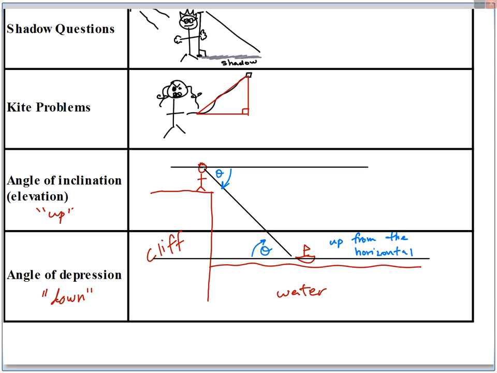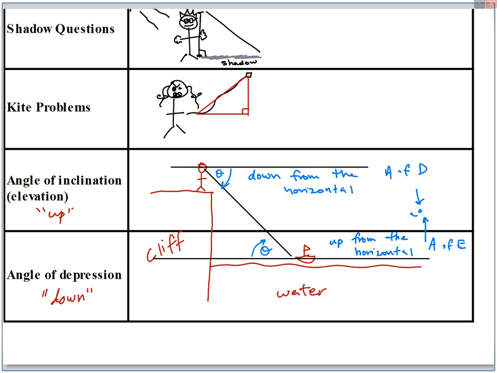If you remember parallel lines and the transversal cutting through, the angle down here is equal to this angle up here. So those two angles are equal. This one is measured down from the horizontal. So this one's the angle of depression. This one's the angle of elevation.